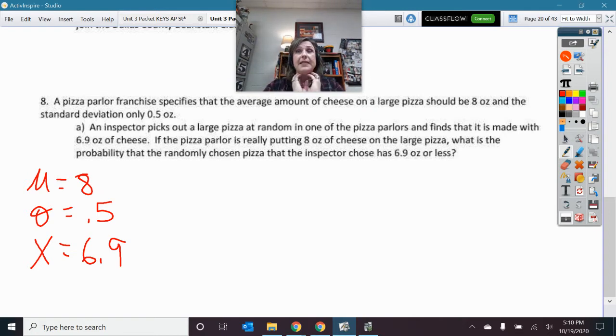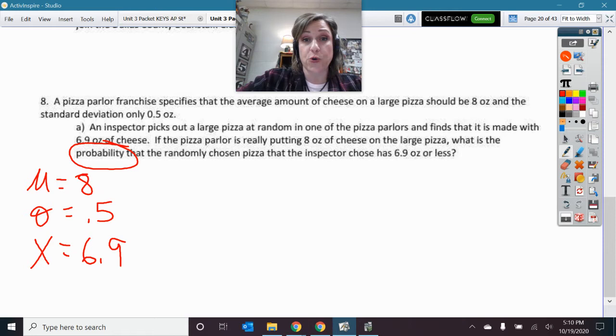That sounds like what we did yesterday when we had to use norm CDF to find the percent or the area. Okay, so if you need to find probability or proportion of observations or percentage, that's when we use our norm CDF. So we're going to find the probability that it is 6.9 ounces or less.